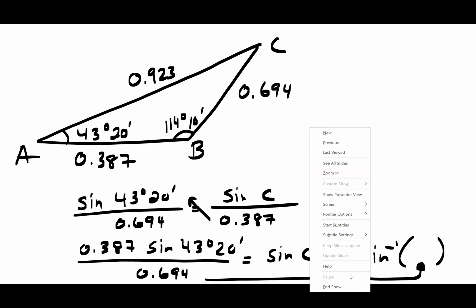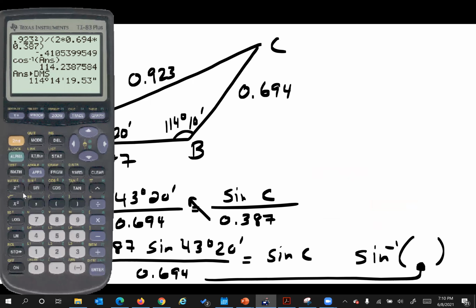Here we go. So clear all that. This is going to be, let's see, on top, 0.387 times the sine value of 43 degrees, 20 minutes.